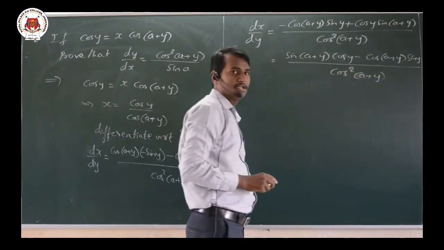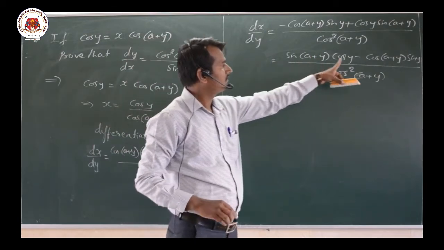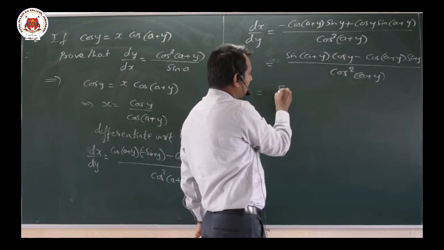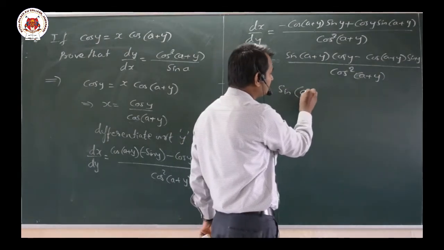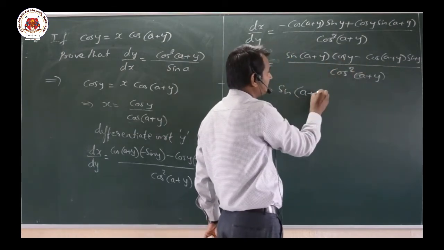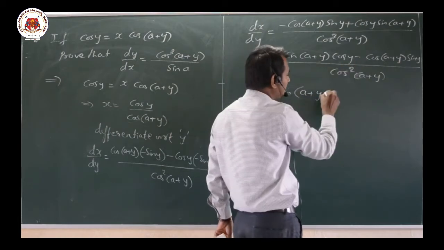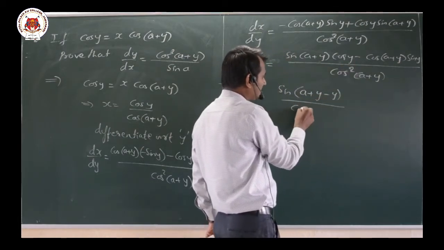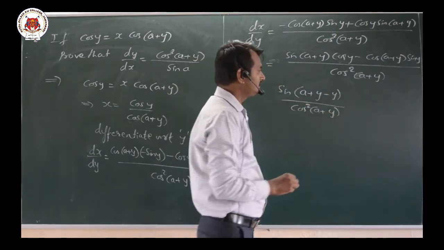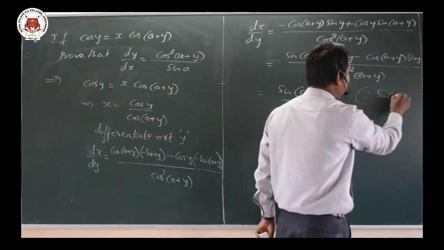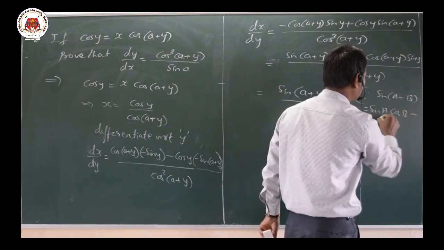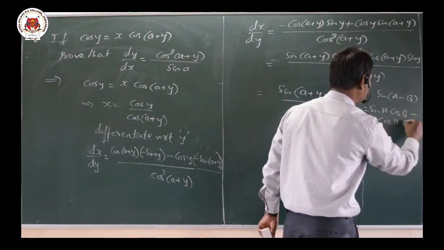Now here what we have, sin a cos b minus cos a sin b. So what is the value here? That is nothing but sin of a minus b, that is sin of a plus y minus y, whole divided by cos square of a plus y here. Trigonometric formula, because sin of a minus b equals sin a cos b minus cos a sin b, that particular formula.